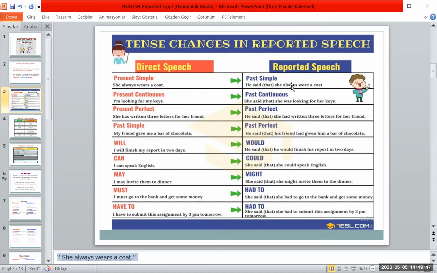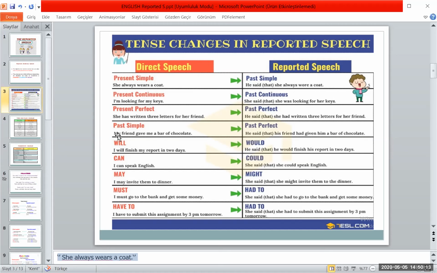The following changes are as follows. Present continuous in direct speech should be changed into past continuous. "I am looking" will change into "was looking." Present perfect will change into past perfect. "She has written" will change into "she had written."